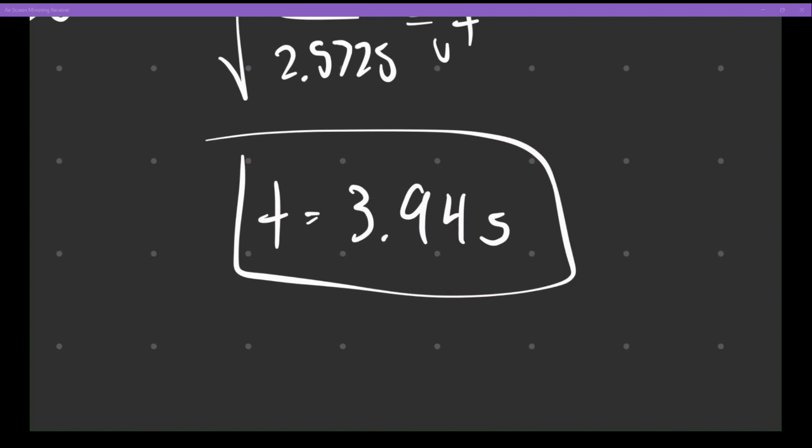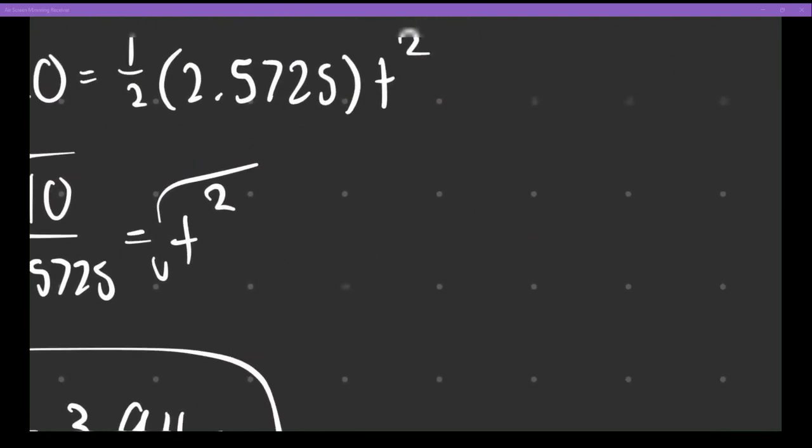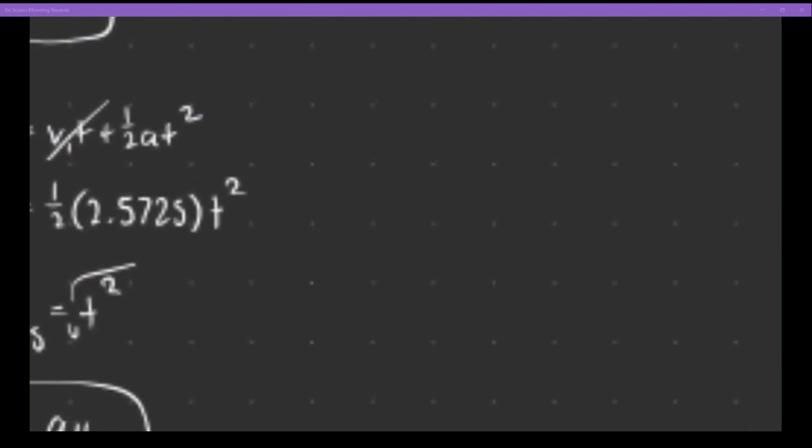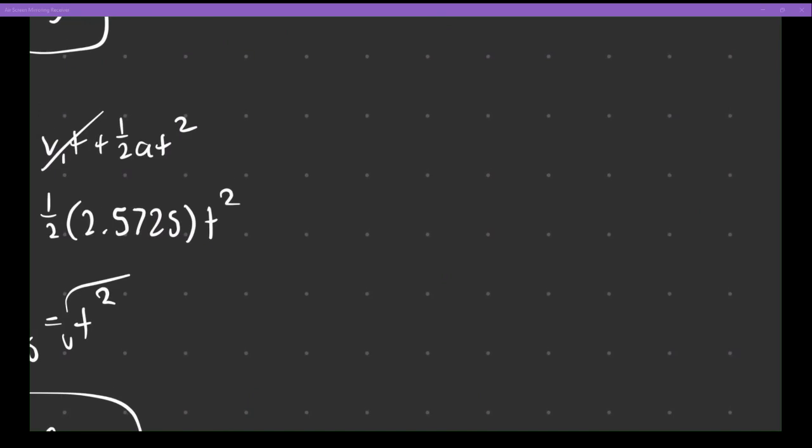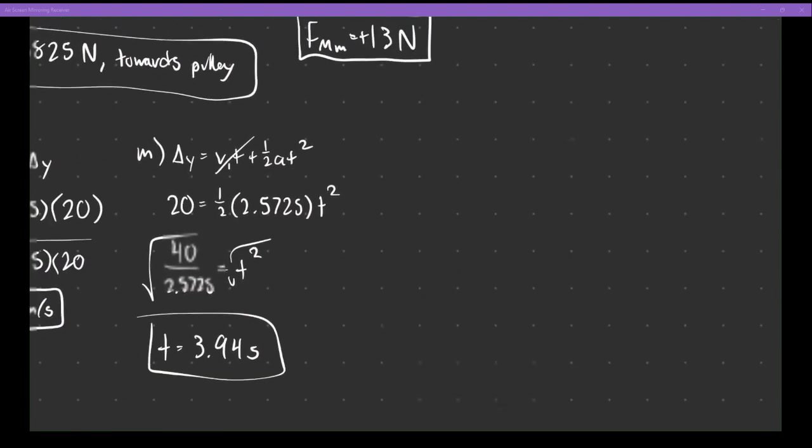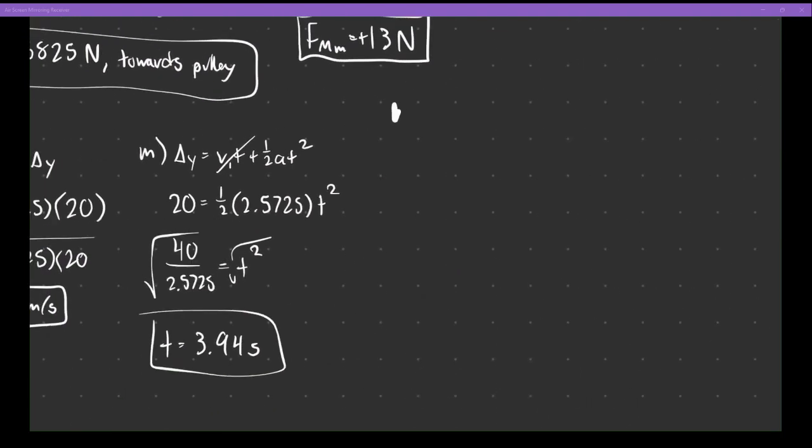Alright, for this last part, it asked me to draw a bunch of graphs. So, first graph, let me just set this up real quick. I'm going to start off with the position versus time. So, y, and then this is t in seconds.